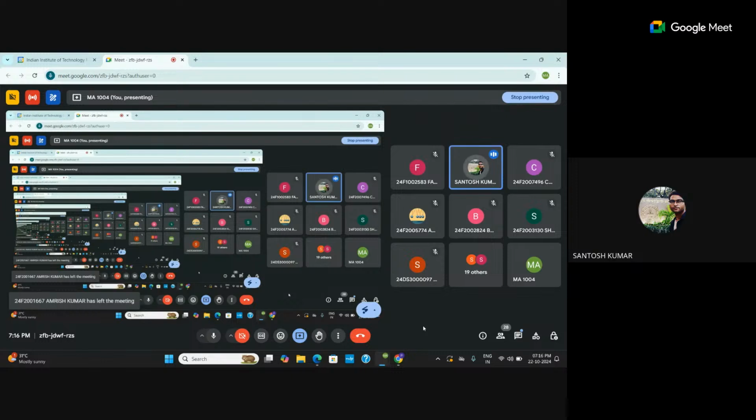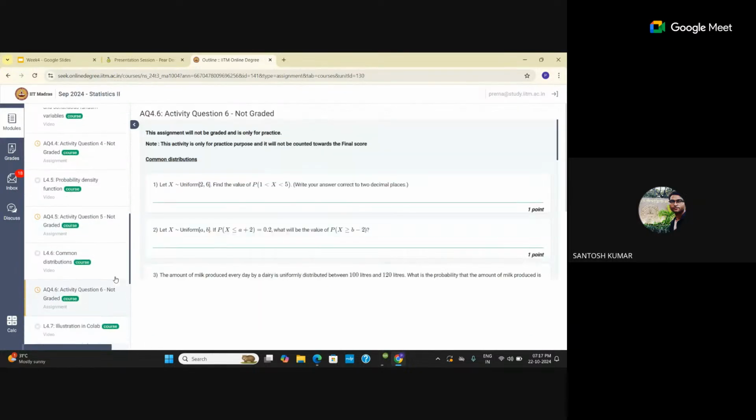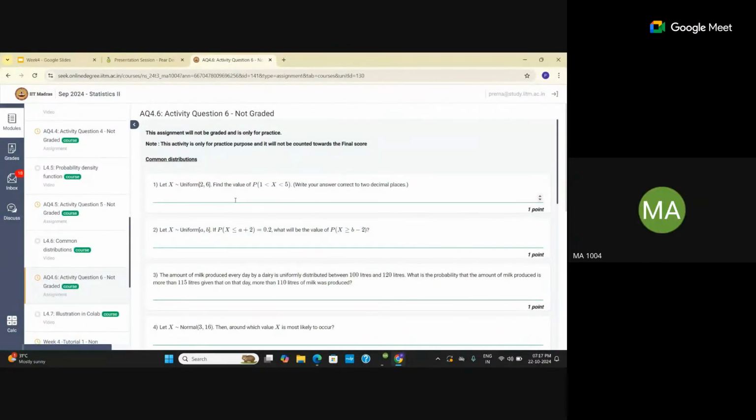Activity 4.6, question number 1. Here also you have to integrate the PDF over the range 1 to 5.